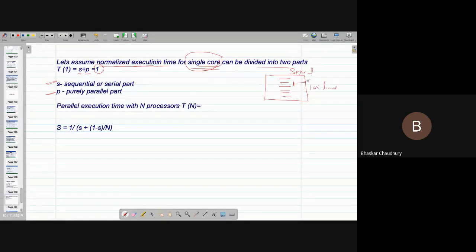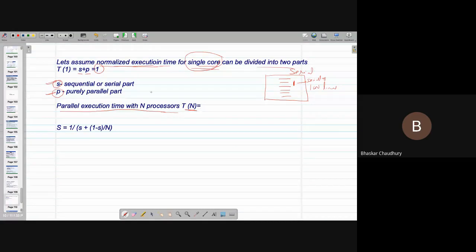Even if I give you an infinite number of processors, you cannot do that in parallel, because you have to do it serially. Let's say that part is S, and the rest is P, the purely parallel part. I have a for loop or whatever, so that can be done purely in parallel. So this is P. Now, what will be the parallel execution time with n processors?